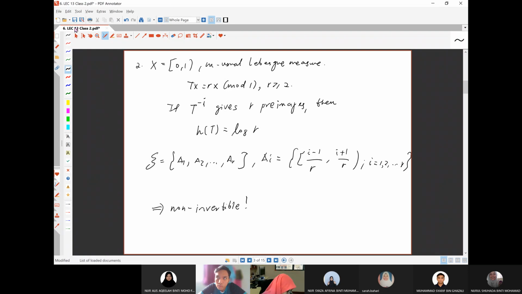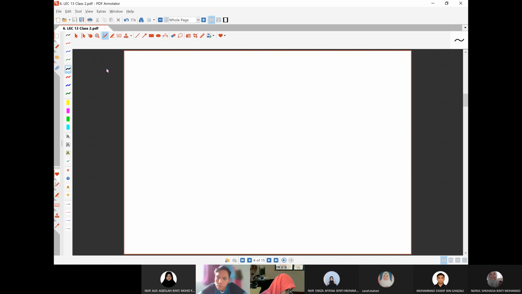Also the same for the case of the one-sided Bernoulli shift. So you have psi given by this coordinate function element, either x0 is 0 or x0 is 1.